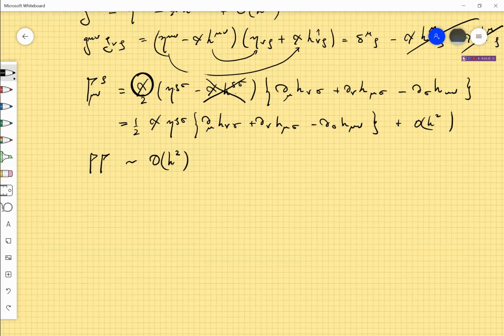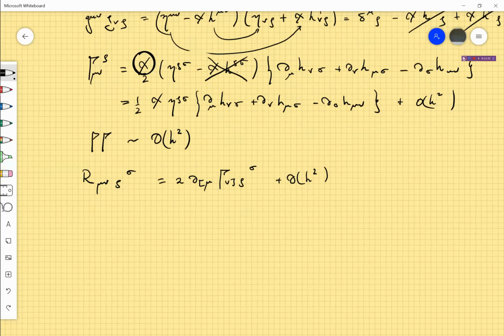Then we only need to consider the terms with partial derivatives of gamma in the computation of the Riemann tensor. These terms are 2 times partial mu gamma nu rho sigma, okay, plus then we know that the rest are terms of second order in h squared. This clearly simplifies the situation a lot, and let's do this. This factor of 2 and this 1/2 cancel. There is chi, and there is eta.